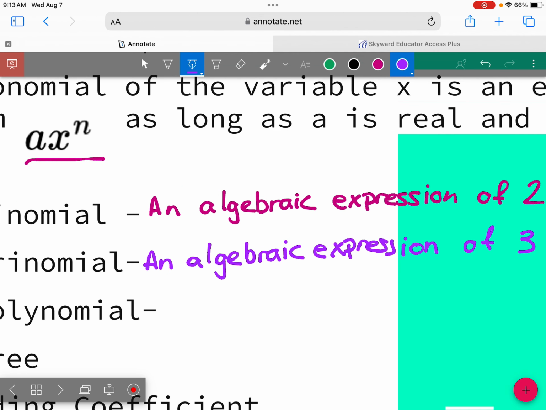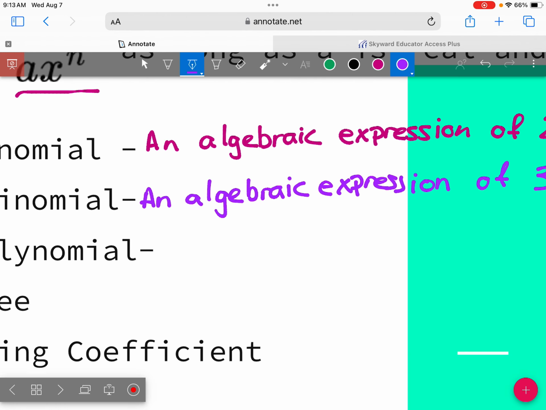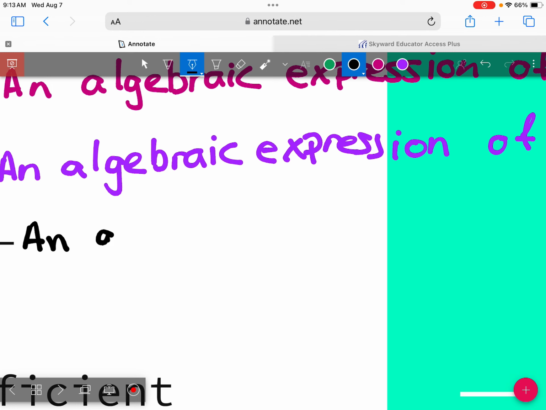It's very similar to the all thumbs are fingers, but not all fingers are thumbs kind of deal. This is the more specific name, and this is the general name. So a polynomial is an algebraic expression. We'll notice it's very similar.